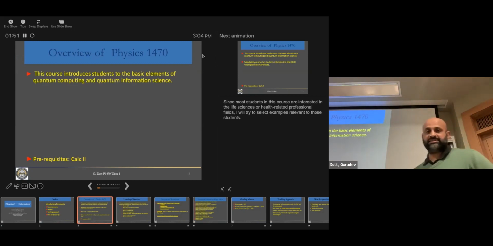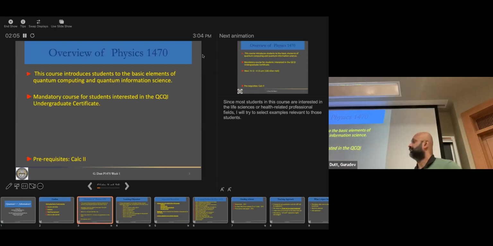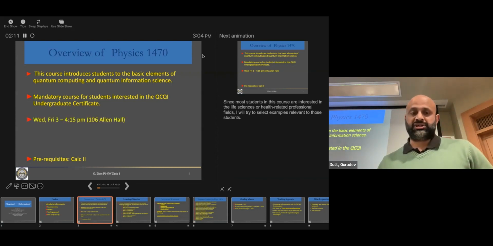Okay, so as the title of the course suggests, we're going to be providing you with the basic elements of quantum computing and quantum information science. And this is a mandatory course for those of you who are interested in obtaining the undergraduate certificate on quantum computing and quantum information science.